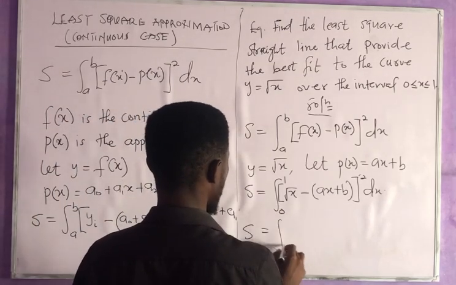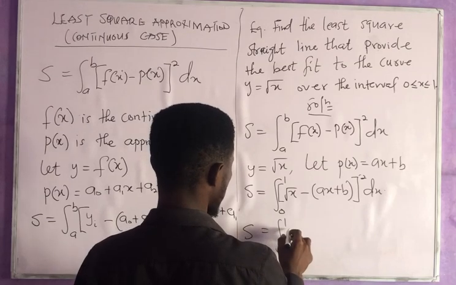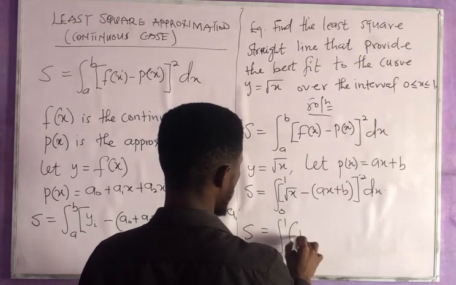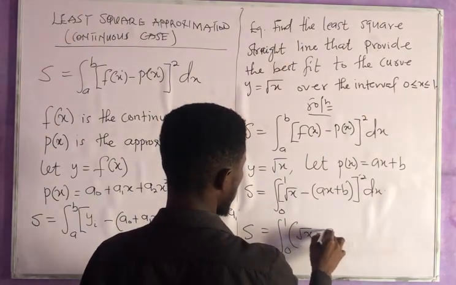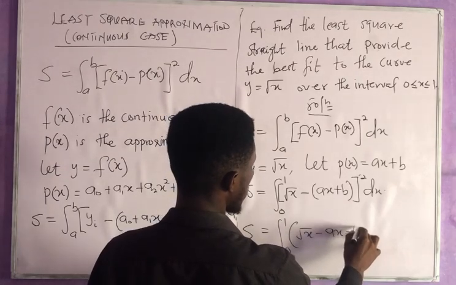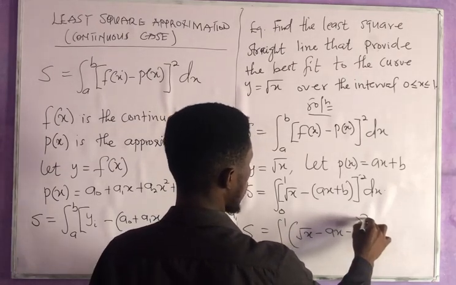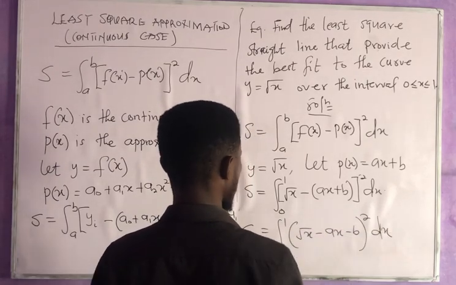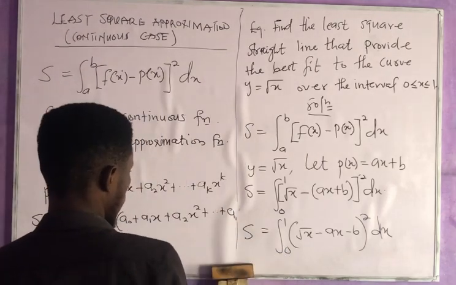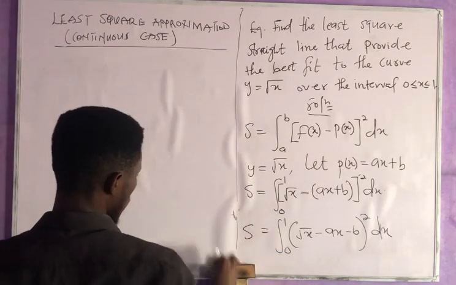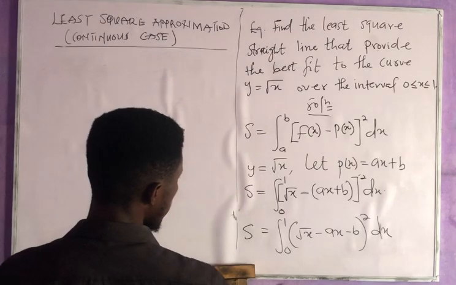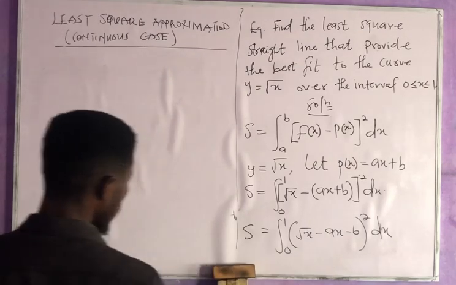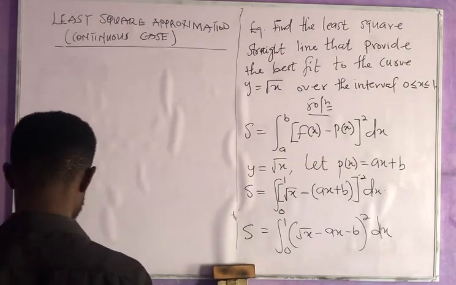I can write this one as from 0 to 1 of root x minus ax minus b all squared dx. Alright, so looking at this particular point, let's try to expand it.